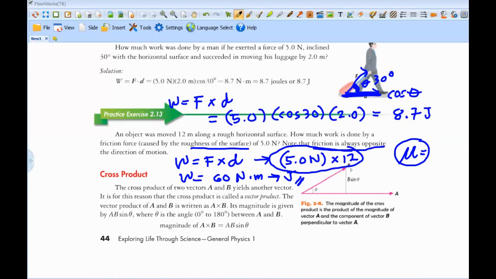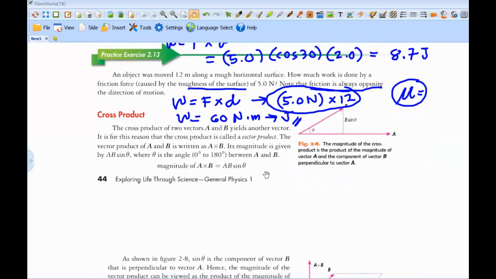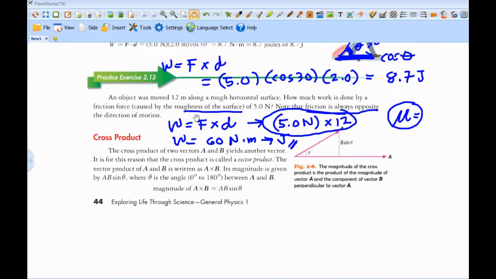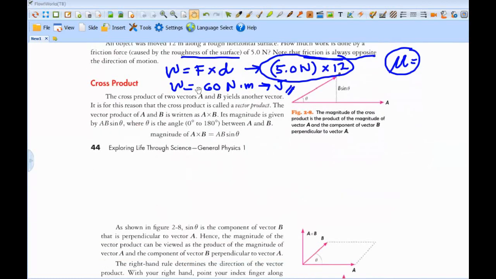So those are frictions that sometimes make objects hard to move. Okay, so that's what we have on work. Force times distance is work, and it is measured in joules.